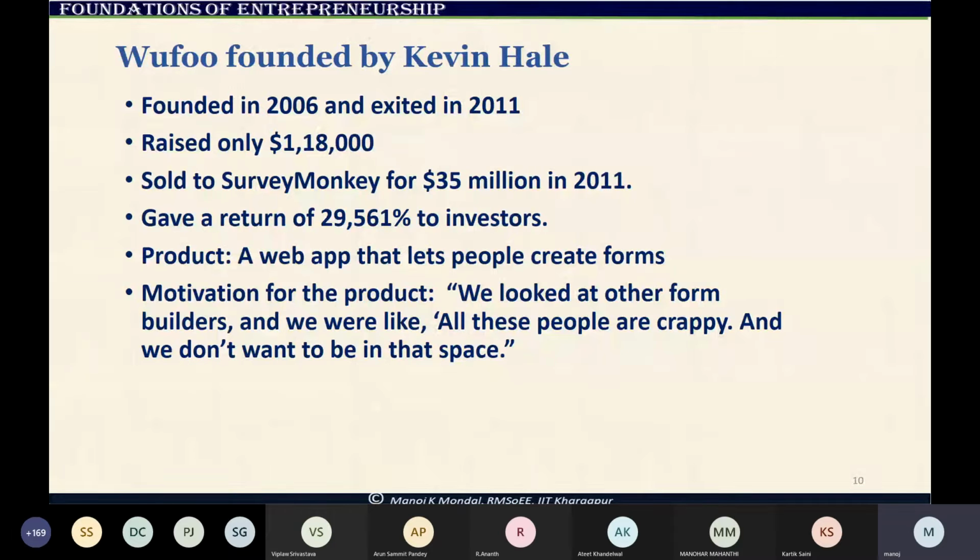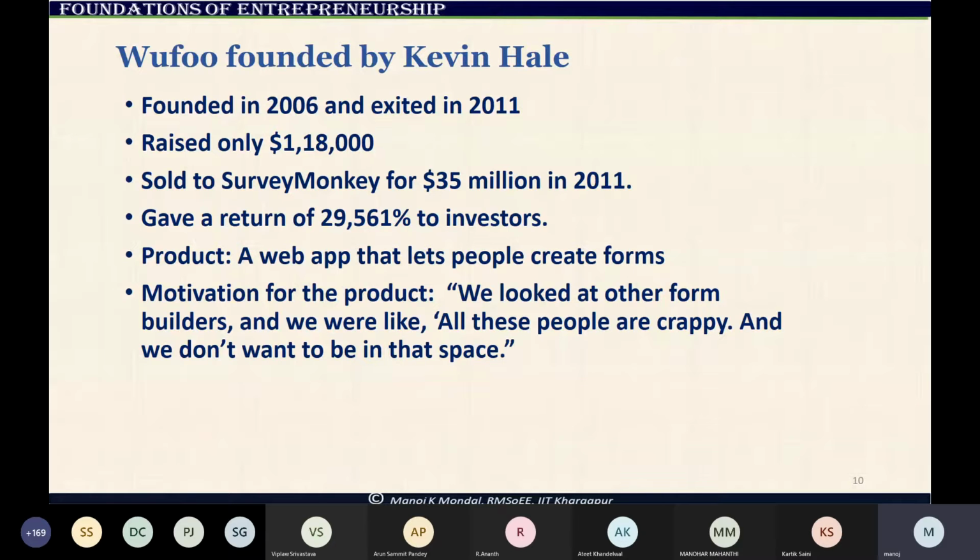Now look at this guy, Kevin. He was filling a form, something like a Google form. There were many companies giving online forms for surveys. But then he found these forms absolutely idiotic, meaning they're not intelligent enough to take the data the way you want them to take, and it's cumbersome.